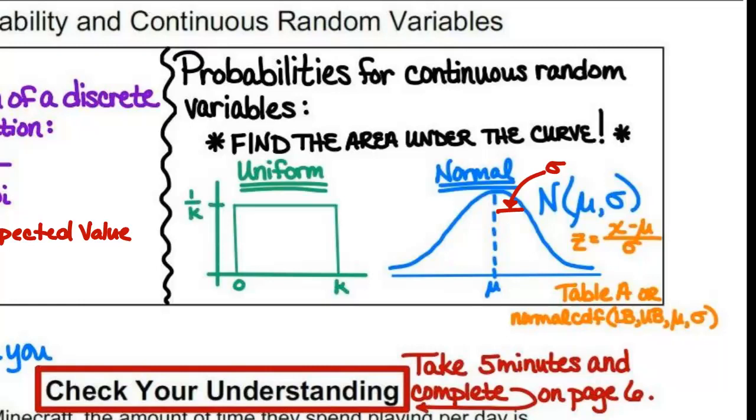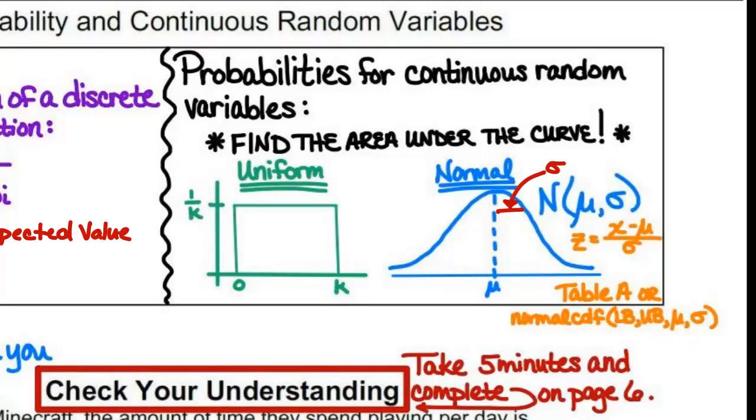Give me just one second. I've got to find this again. Stat, calc. Where did my normal CDF go? Hold up, I've got to go find it again. There we go. Sorry, I found it again.